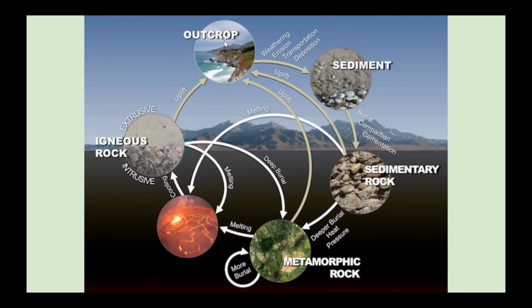So then from outcrop, the weathering products, which are usually small rock and mineral fragments, are eroded, transported, and then deposited as what we know as sediments. Transportation and deposition occur through the action of glaciers, streams, waves, wind, and other agents.